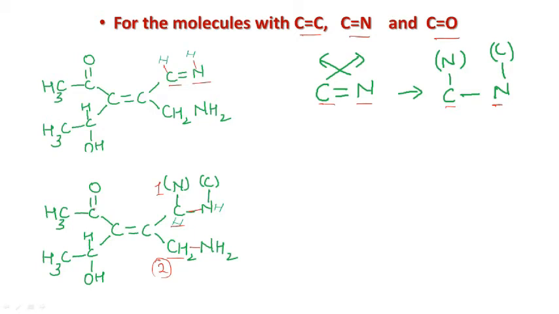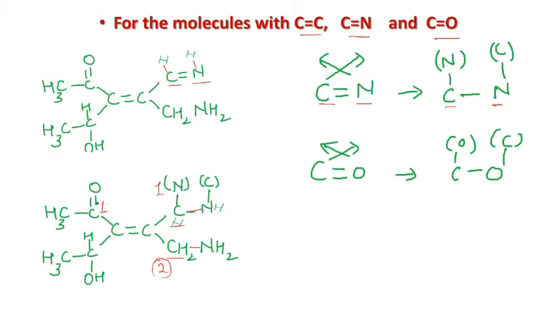Here in this case this C double bond O is here, this carbon atom is attached to 2 oxygens as shown over here, so this is given first priority and this is given second priority, and same type of priority groups are on same side, therefore this molecule is designated as Z.